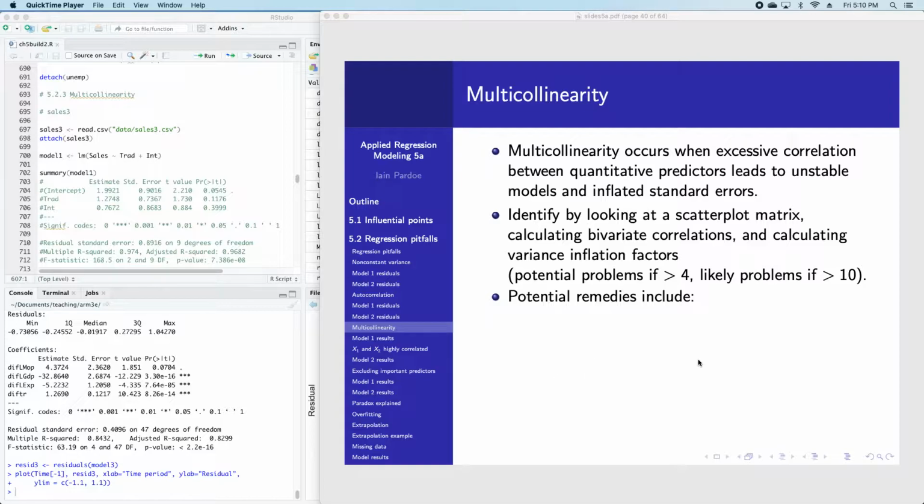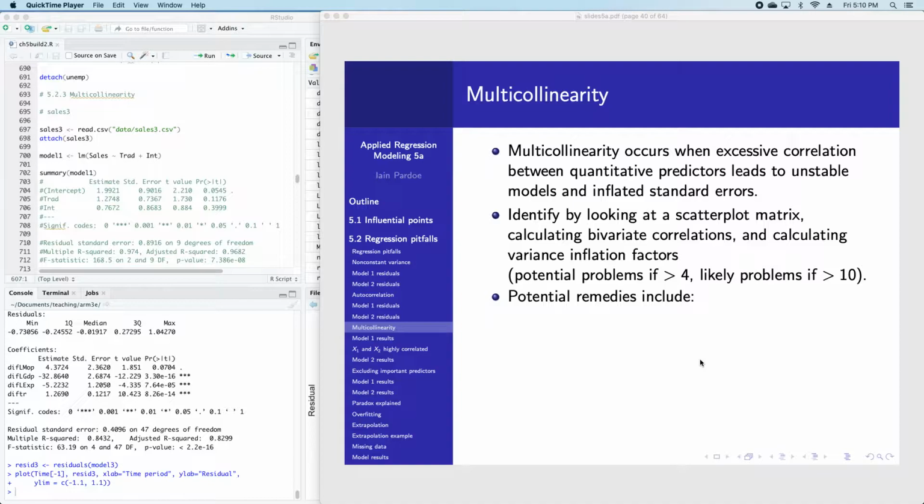One is by looking at a scatterplot matrix. If we see in the scatterplot matrix that we've got very high correlations between some of the predictors, and in particular the correlations between the predictors look higher than correlations between the response variable and the predictors, then we may have a multicollinearity issue.